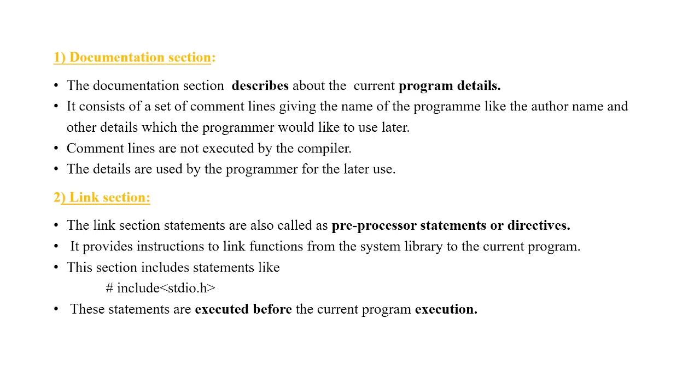So the link section contains preprocessor statements, which include the instructions to link the functions from the system library to the current program. Here in the example, the standard input output header file includes some functions, and these functions from the system library of stdio.h are linked to the current program.